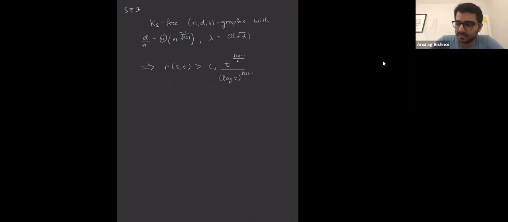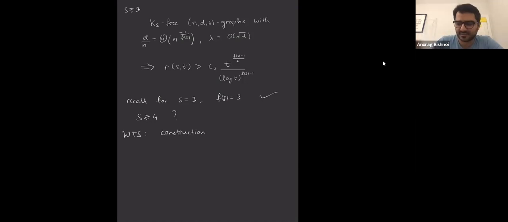Okay, so recall for s equal to 3, we know such a construction with f of s equal to 3. So we know this. What about s greater than or equal to 4? Well, that's where it gets really hard. And what we would ideally want to show is a construction, or even existence.